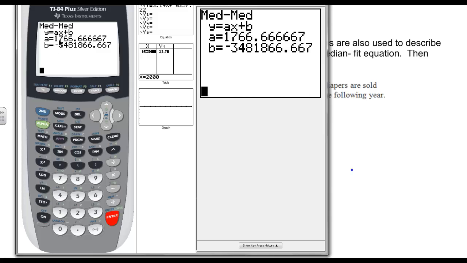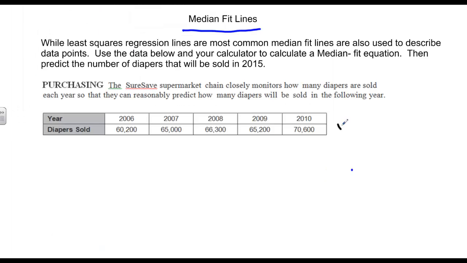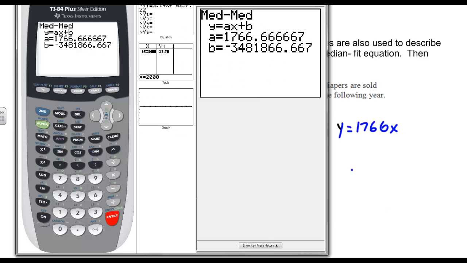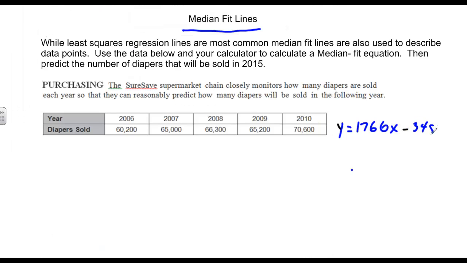So in this case, what we want to do is write this formula down. So it's y equals 1766x, and then our y-intercept will be, wow, negative 3481866, and that's our median line.